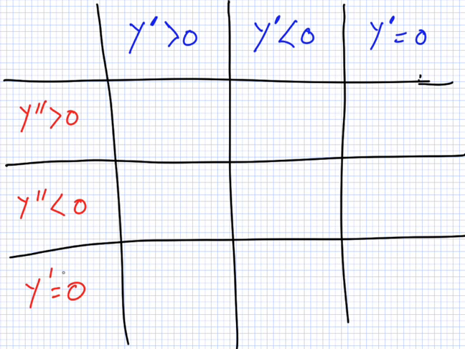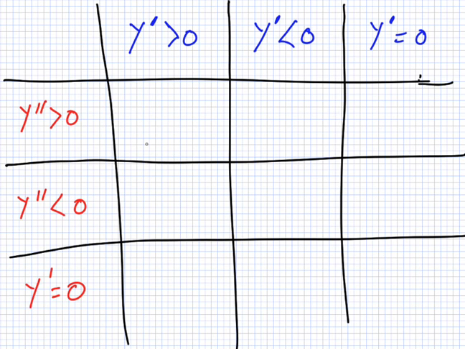If it is concave or convex. So it represents what's called the concavity. So if the concavity is positive, what shape is that? Convex. So it is increasing and it is convex.